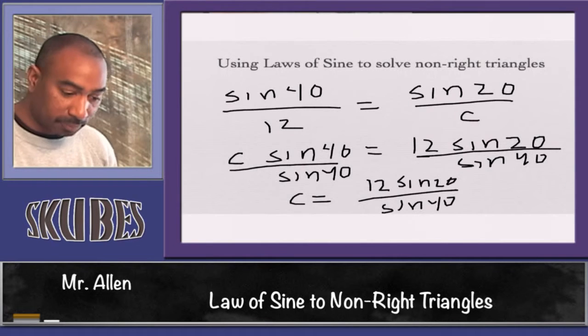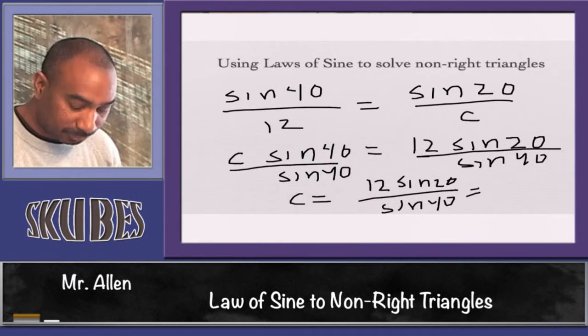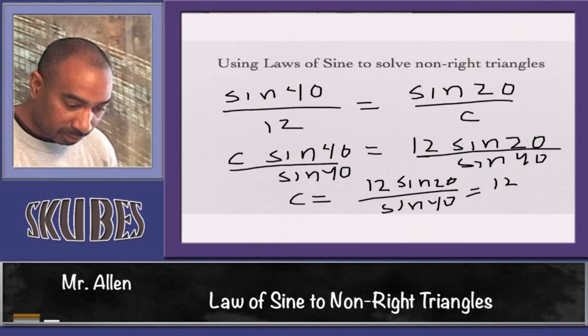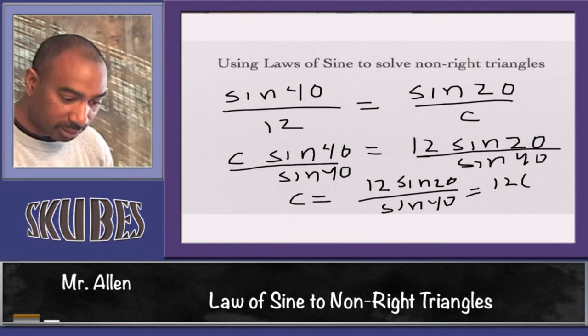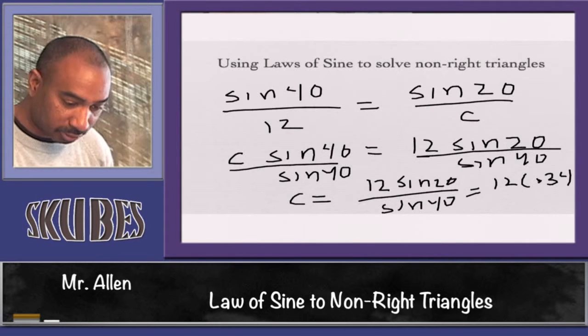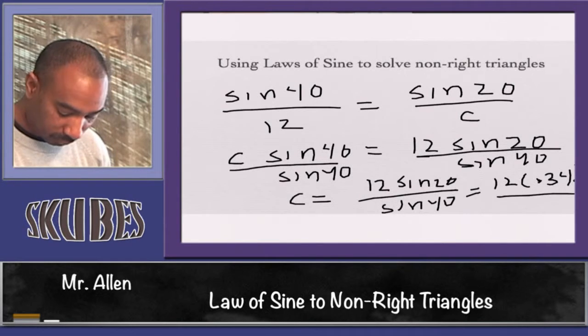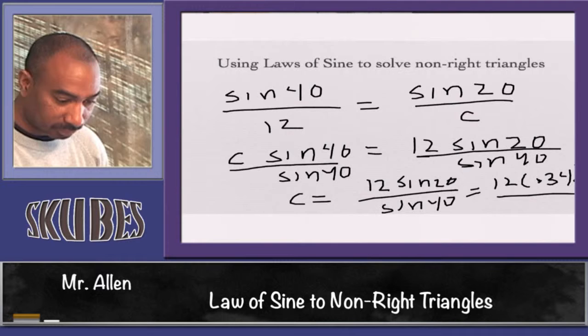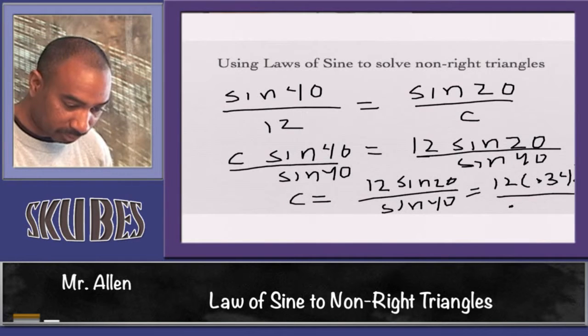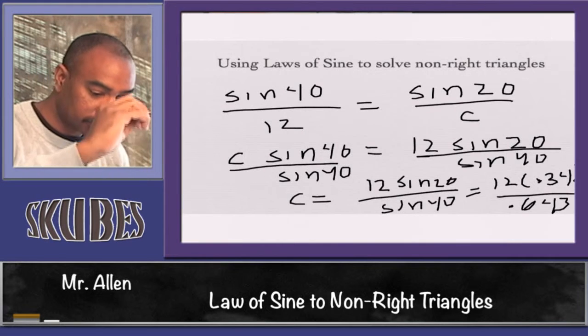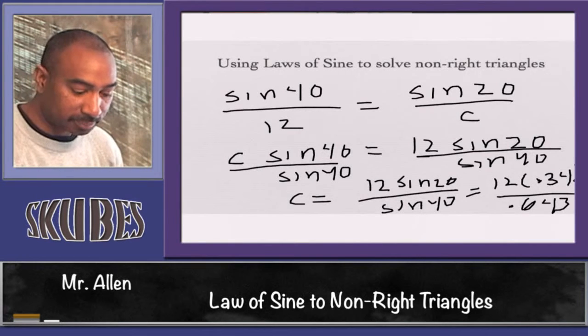So if you plug in the numbers, you get 12 times, and sine of 20 is roughly 0.342, and sine of 40 is 0.643. And you're going to simplify that.